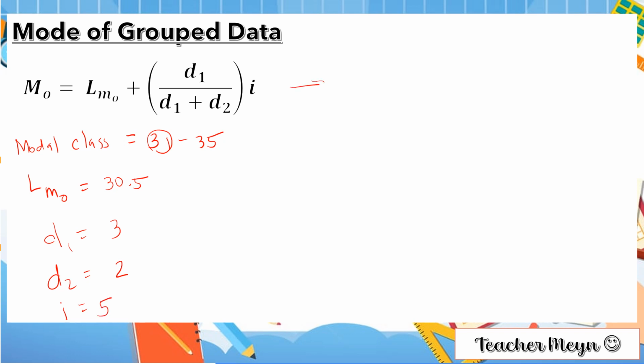So let's compute. M sub O equals the lower limit of the modal class, 30.5, plus D sub 1, which is 3, over D sub 1 plus D sub 2, 3 plus 2, times 5.